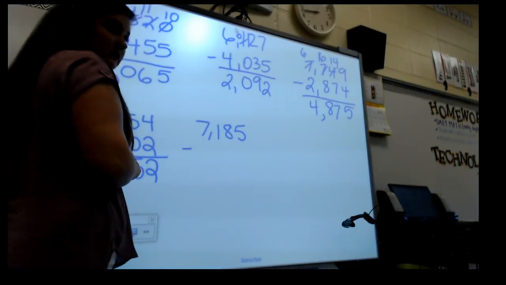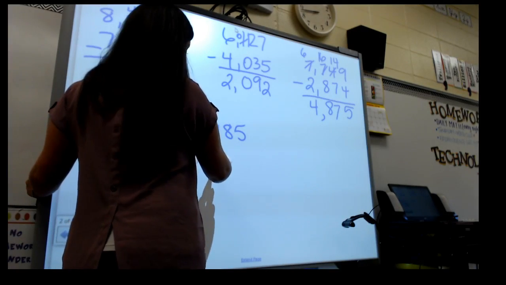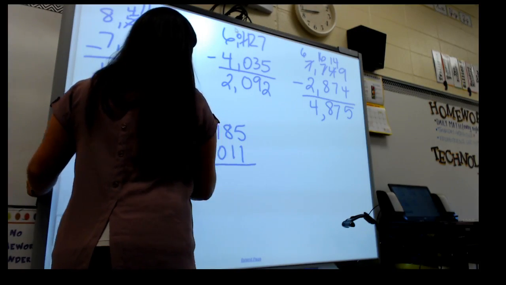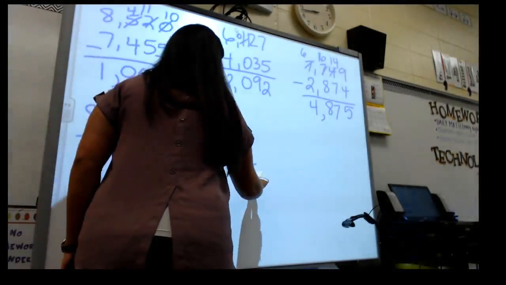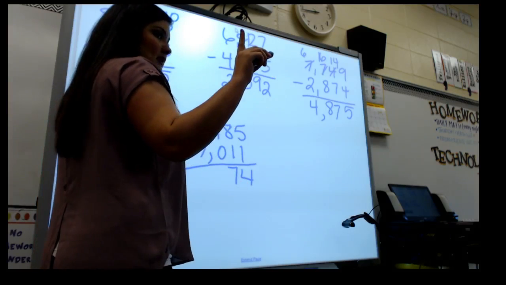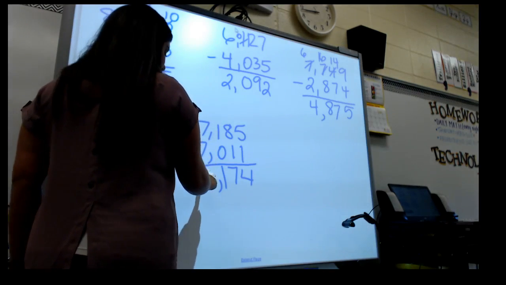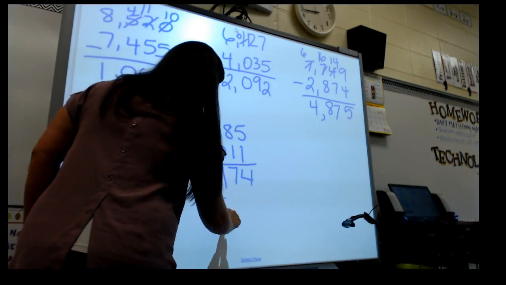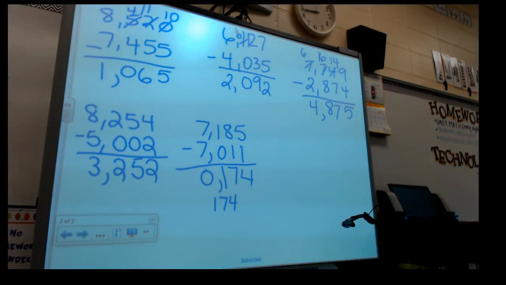Subtract. 7,011. Way to go, Leo. Alright, 5 take away 1 is 4. 8 take away 1 is 7. 1 take away 0 is 1. 7 take away 7 is 0. So really this was just 174. Hey, Luke, might get it right in a minute.